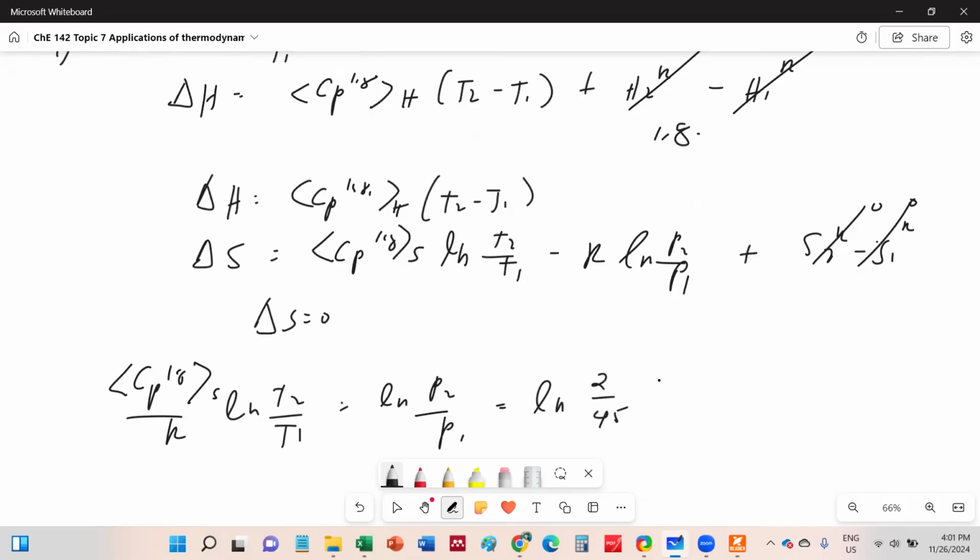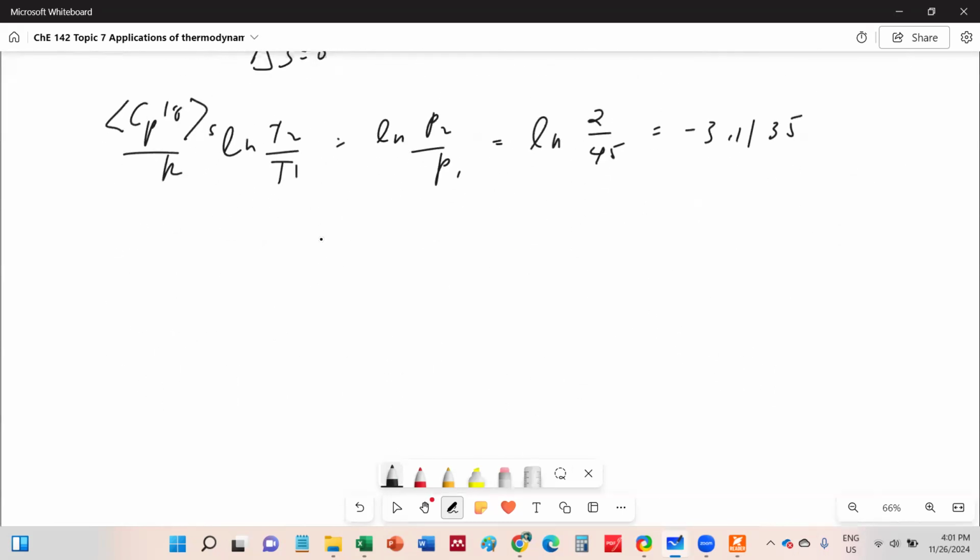So P2 is 2, P1 is 45, and if we evaluate the ln of that ratio, it's this value, okay?